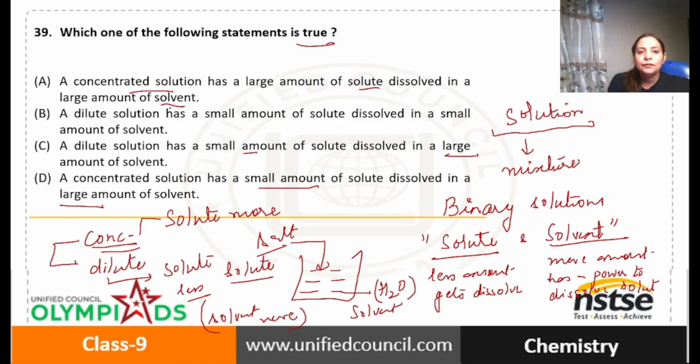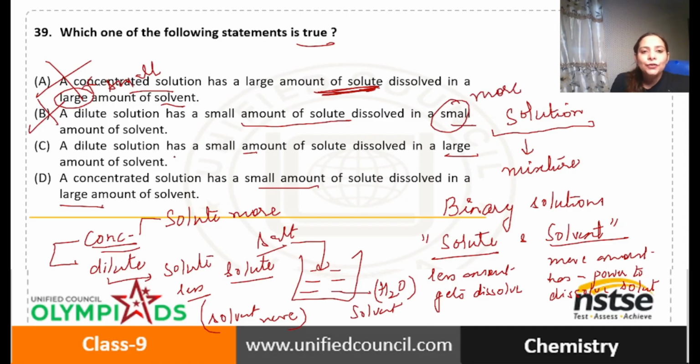A concentrated solution has more solute dissolved in a large amount of solvent. False, because it has to be a small amount of solvent. A dilute solution has a small amount of solute dissolved in a small amount of solvent. False, because in this case the solvent amount is more.